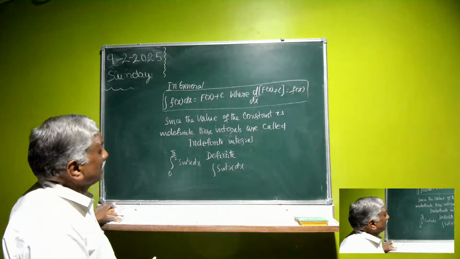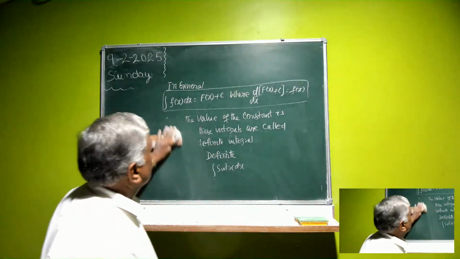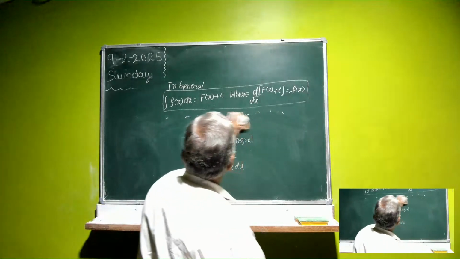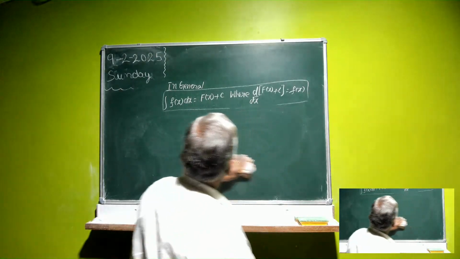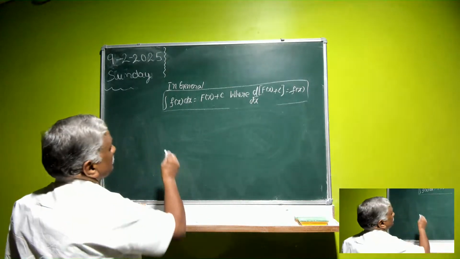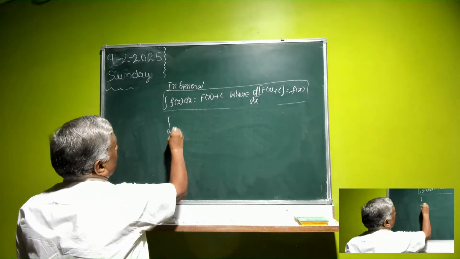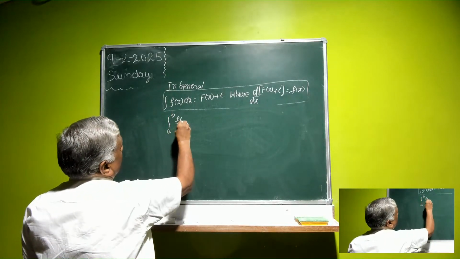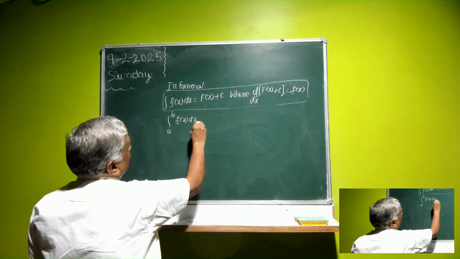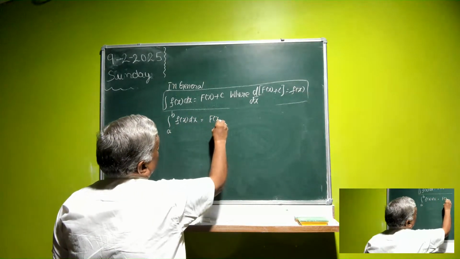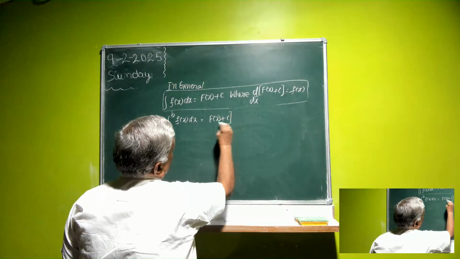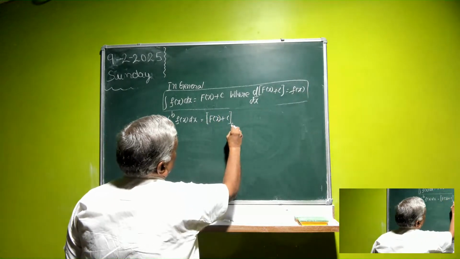I'll just explain that also so that you have an idea of what is definite integral. See, if you have integral from a to b f(x) dx, same thing we write F(x) plus c from a to b.